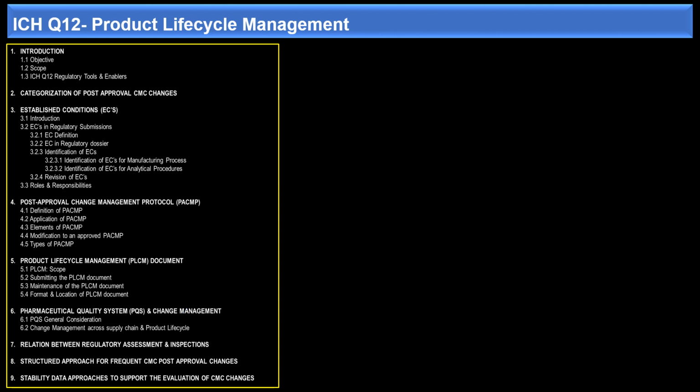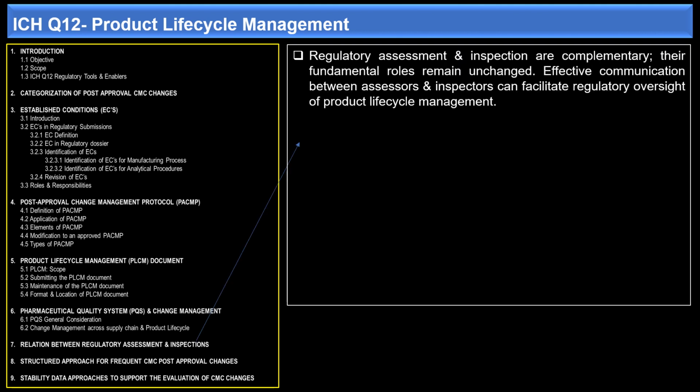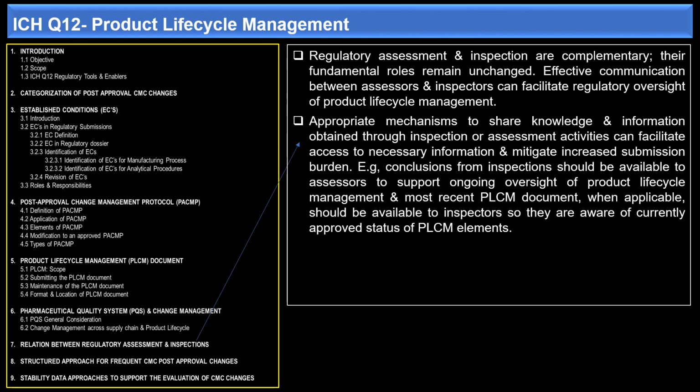Moving to point number 7, relationship between regulatory assessment and inspection. Regulatory assessment and inspections are complementary. Their fundamental roles remain unchanged. Effective communication between assessors and inspectors can facilitate regulatory oversight of product lifecycle management.